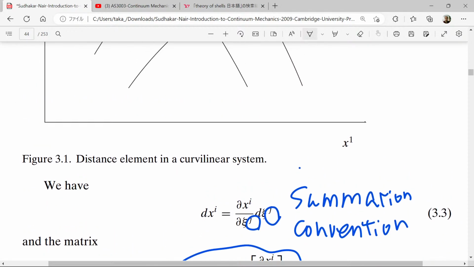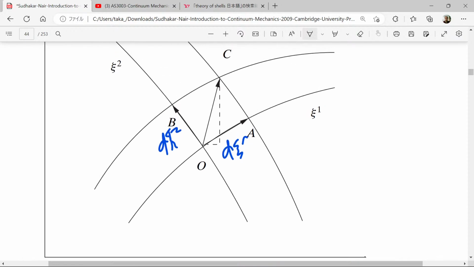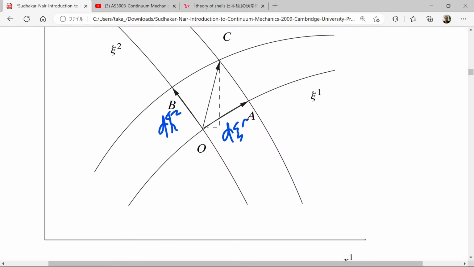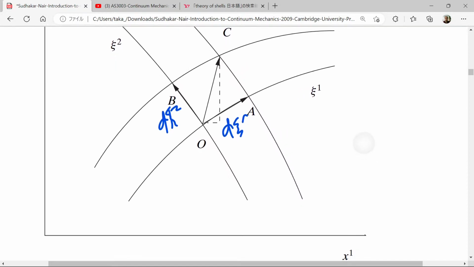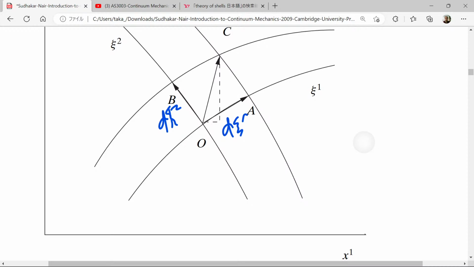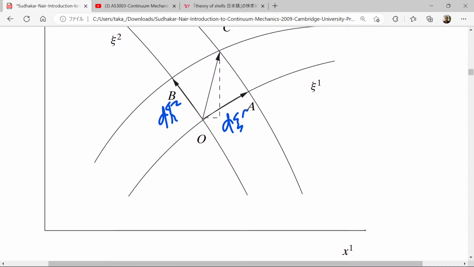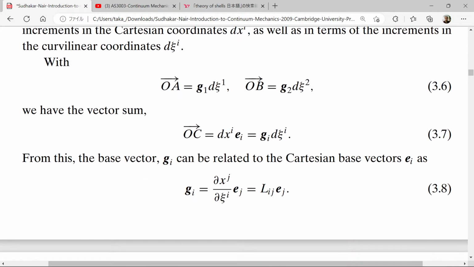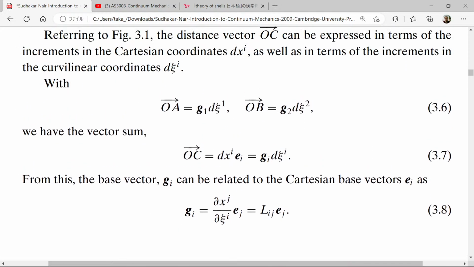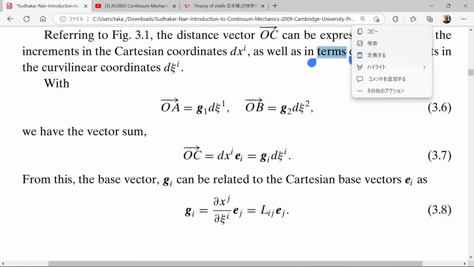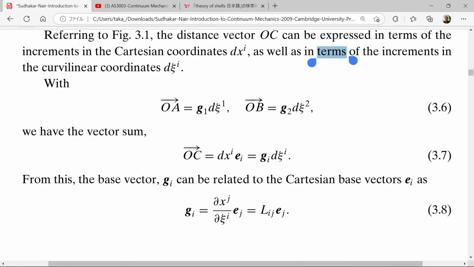OA, OB, d xi. So we have the vector sum.